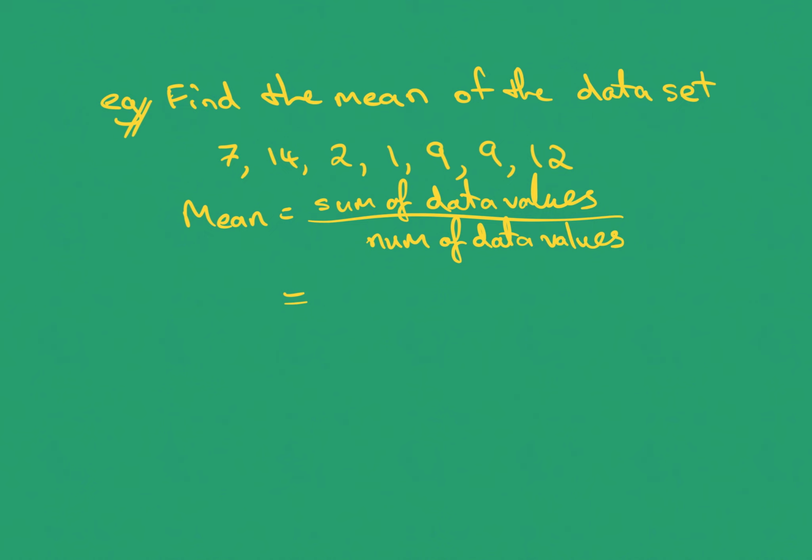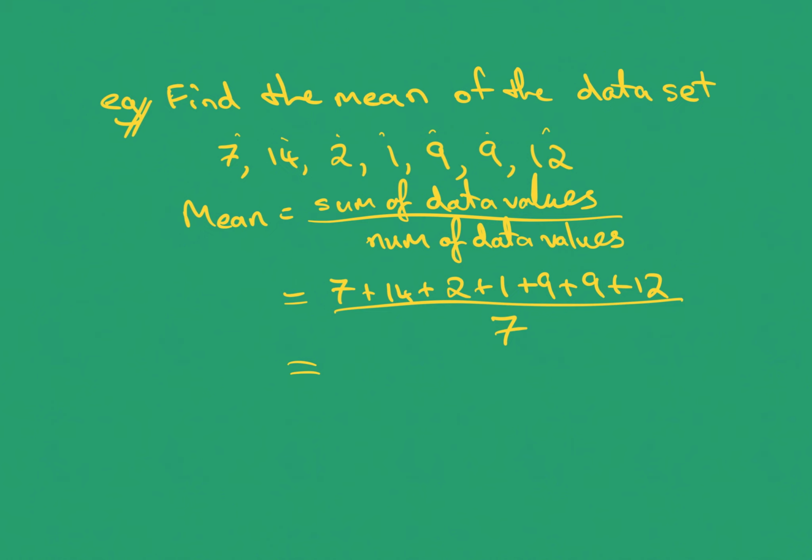Okay, so for the sum of the data values, we're just going to add up all those numbers on the top. So 7 plus 14 plus 2 plus 1 plus 9 plus 9 plus 12, all divided by how many data values we have. Well, there's 1, 2, 3, 4, 5, 6, 7 on the bottom.